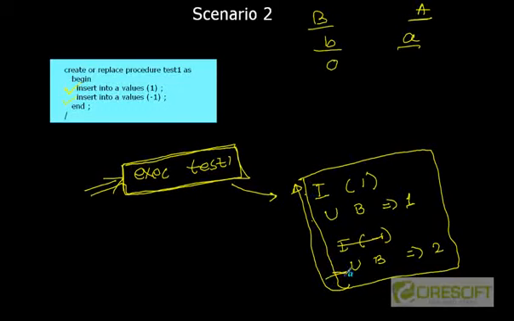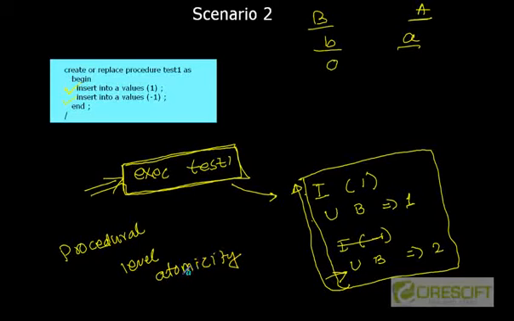Since this fails when we try to insert -1, all the other statements before it are also going to be rolled back, and it is as if nothing has happened. And this is called procedural level atomicity.